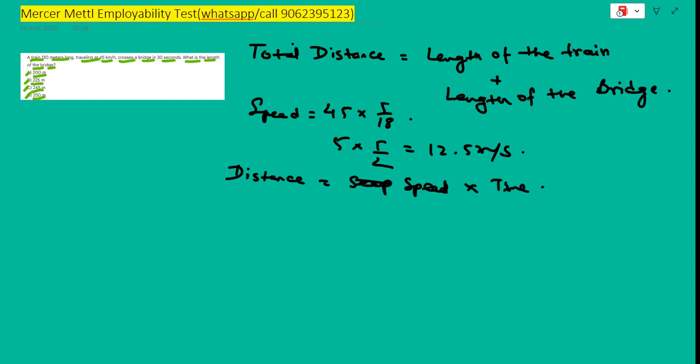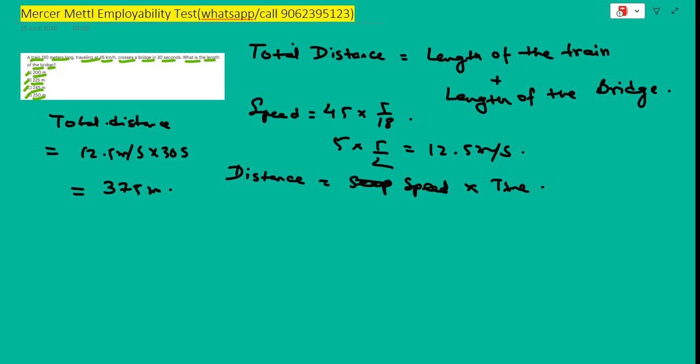Now calculate the total distance covered. Total distance will be 12.5 meter per second into 30 seconds. So this is 375 meters basically.